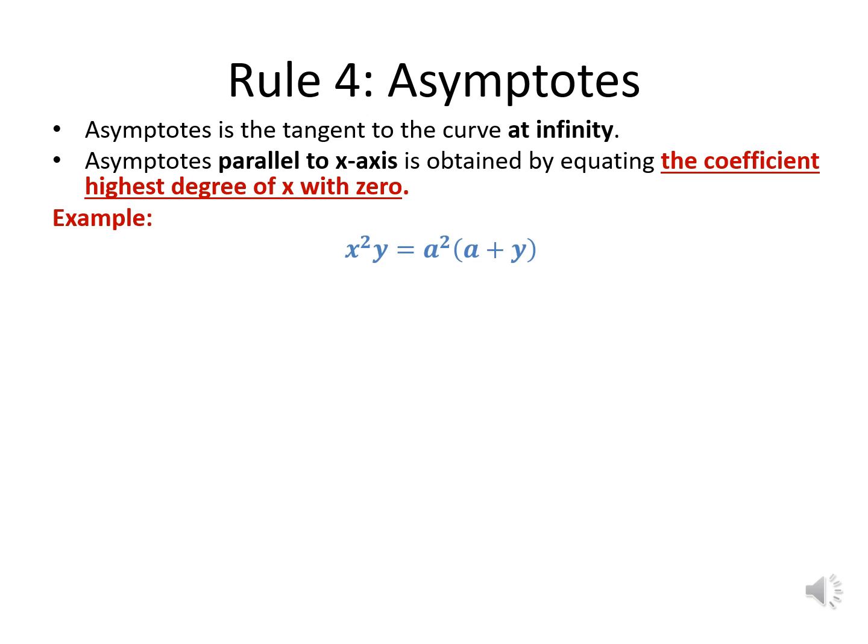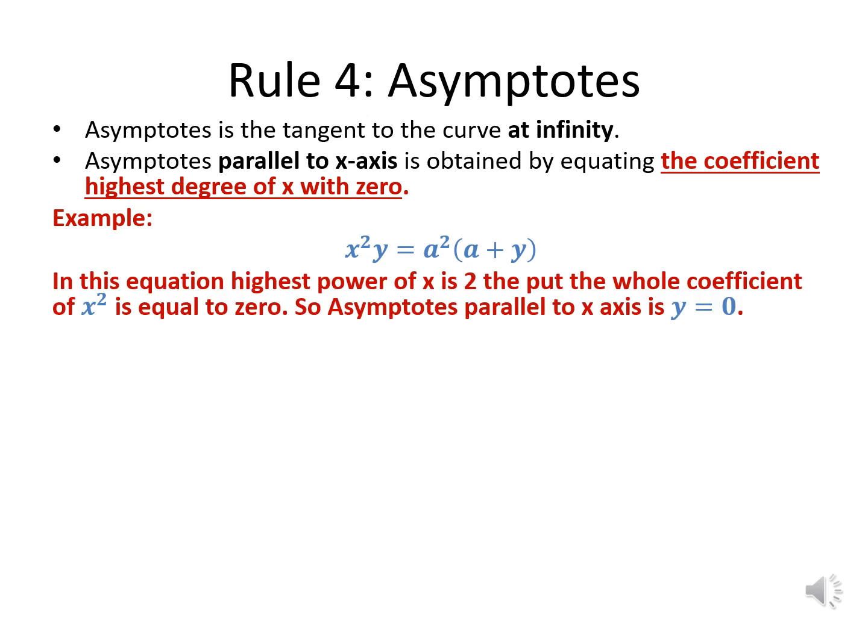For example, let one equation of a curve be x square y is equal to a square into (a plus y). In this equation, if we want to find the asymptote which is parallel to the x-axis, then we have to identify the highest power of x.